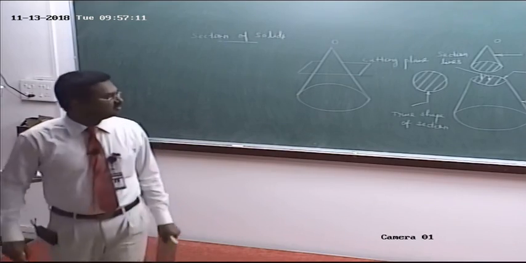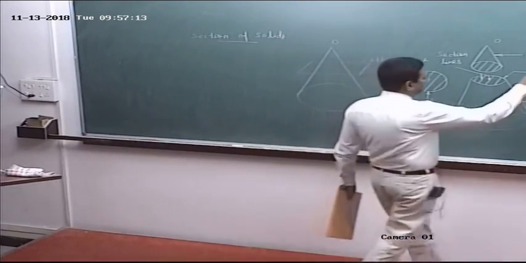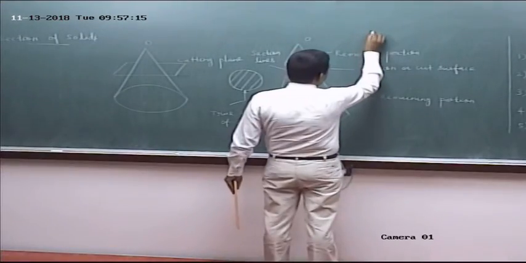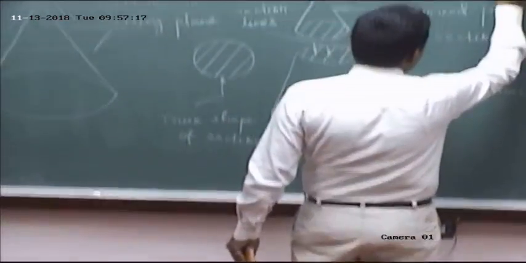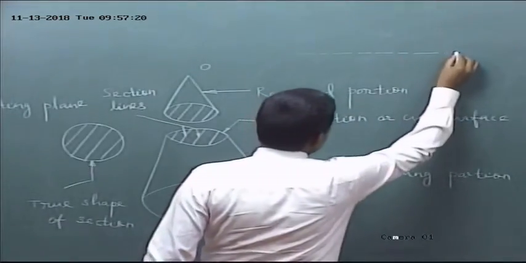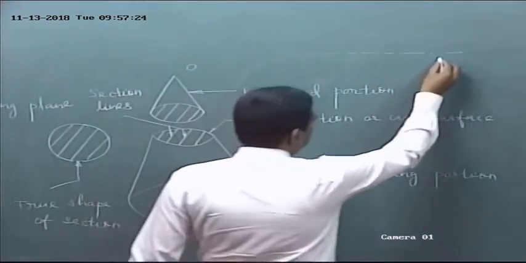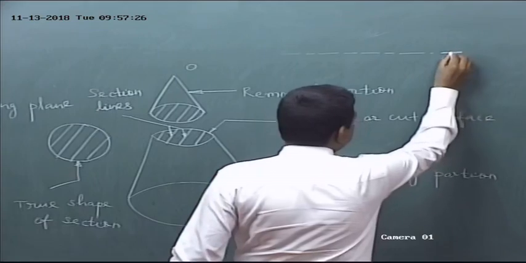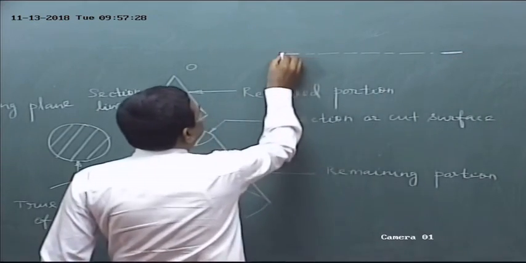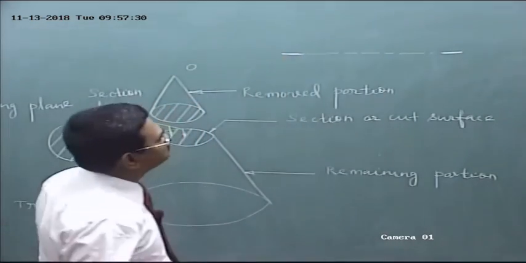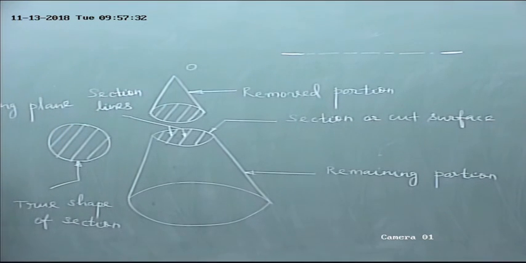So how to draw? First draw a long chain like an axis: long dash, short dash, long dash, short dash, long dash, short dash. Then you have to darken the ends: long chain, thick at ends and thin elsewhere. This is called the cutting plane.